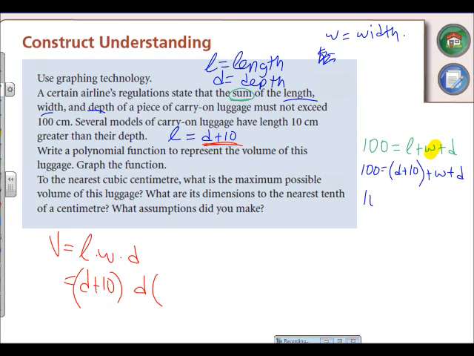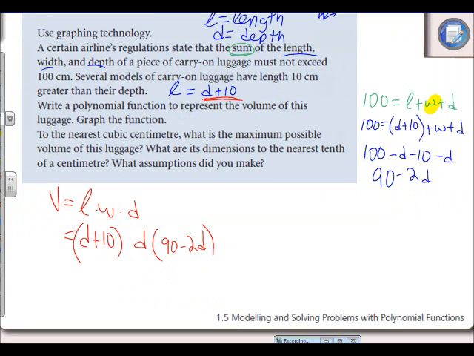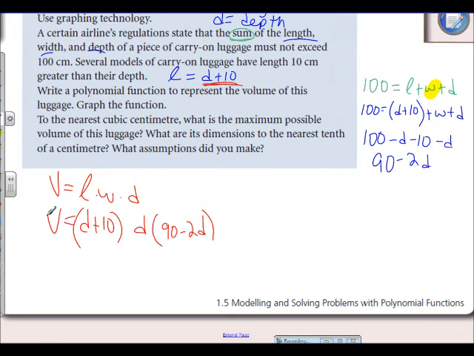So we've got 100 minus D minus 10 minus D, or in other words, 90 minus 2D. That we can now bring into here. At this point, we have something that we can graph.